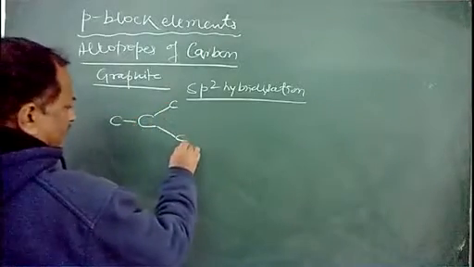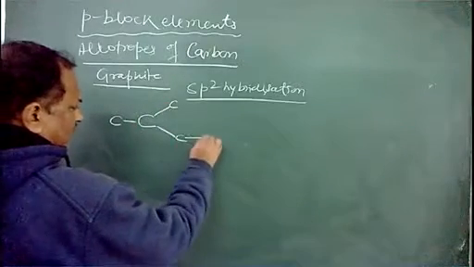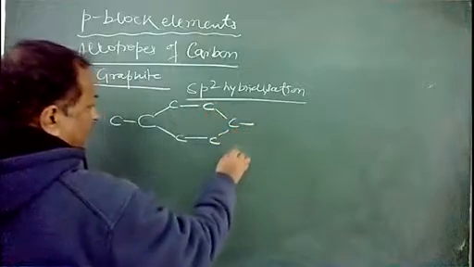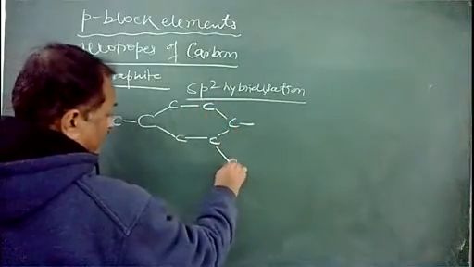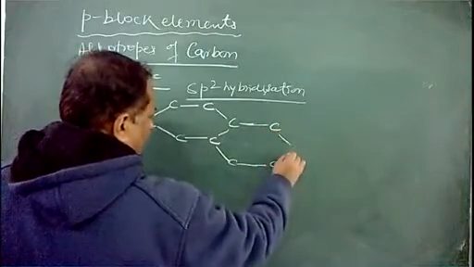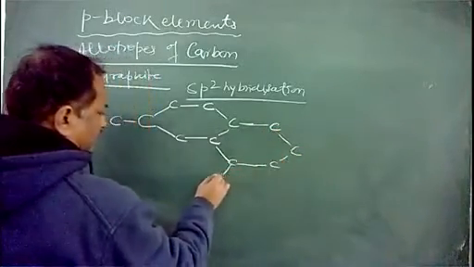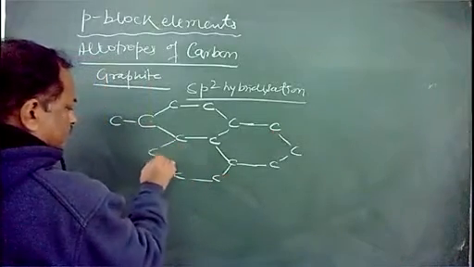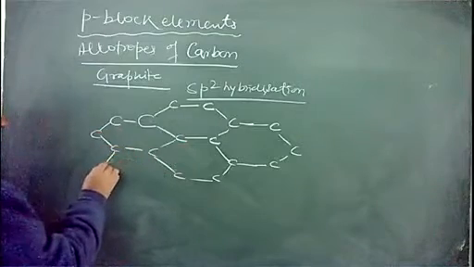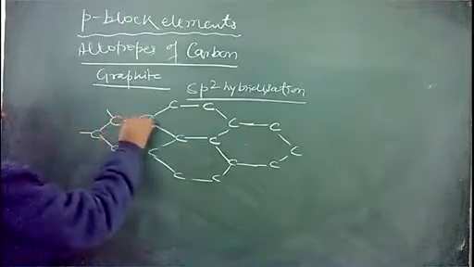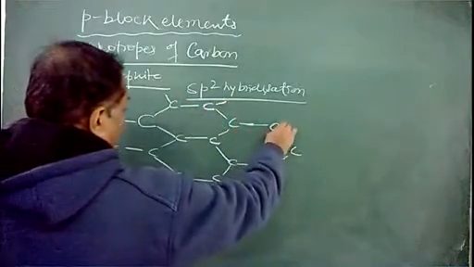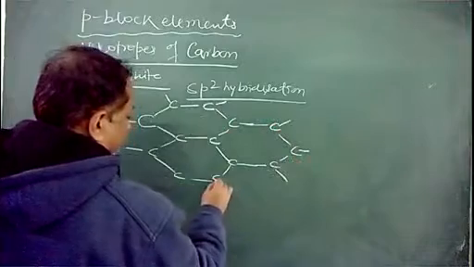See here how they are attached. See the symmetrical distribution, how they are bonded. So each and every carbon, children, is bonded to 3 nearby atoms.